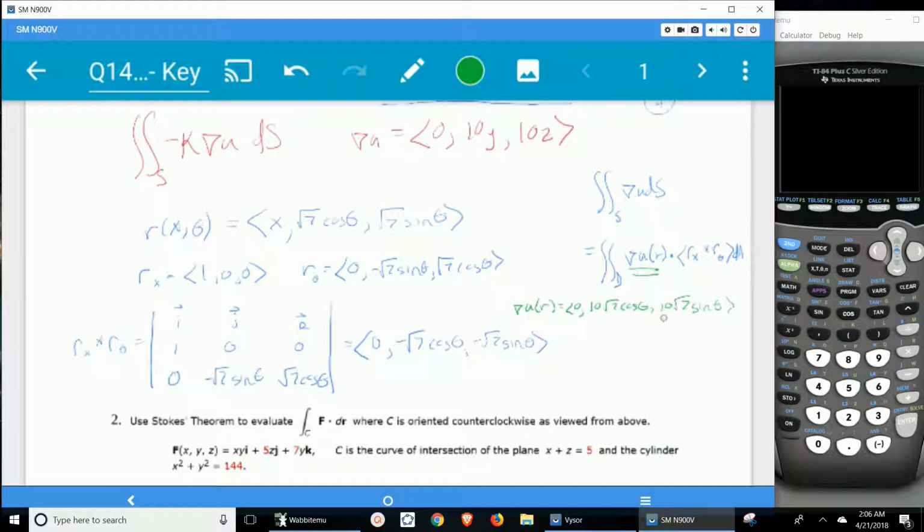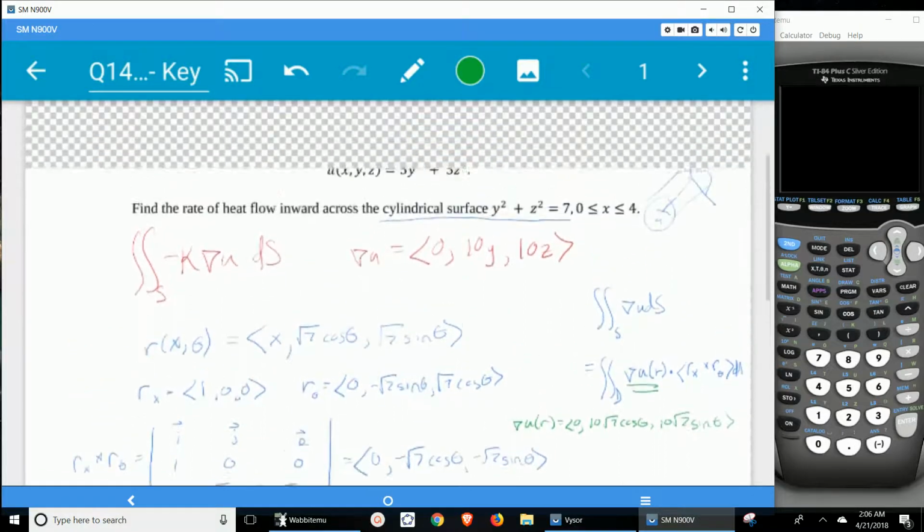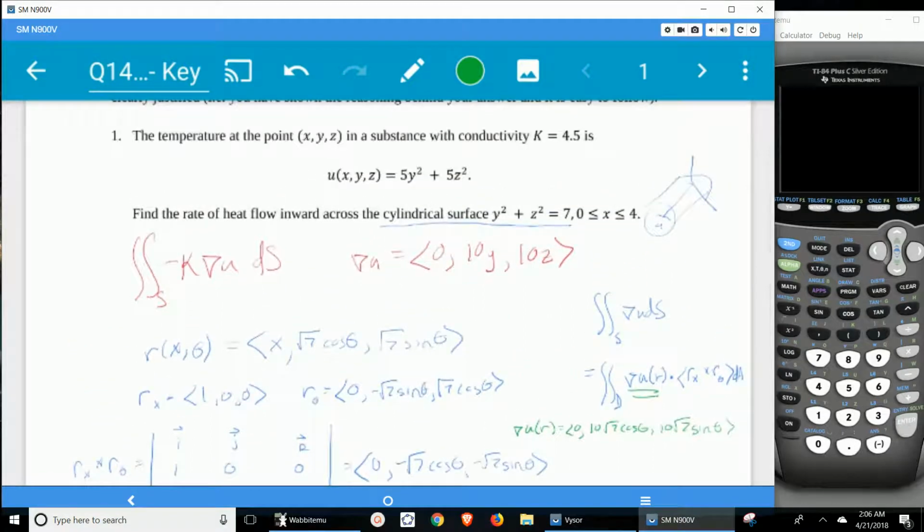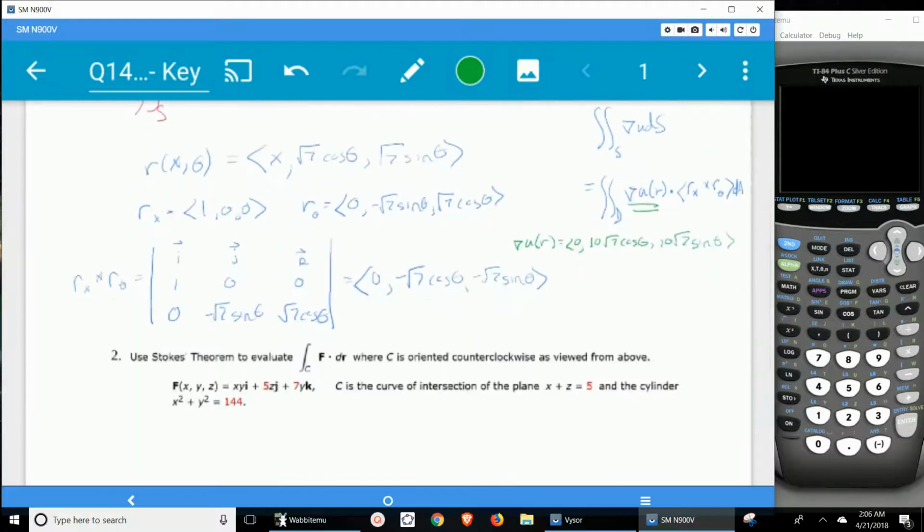That thing gets dotted with that thing, and then you integrate over your region. So the x will run from 0 to 4, and the theta goes 0 to 2 pi. So that's how we're going to set that region up.